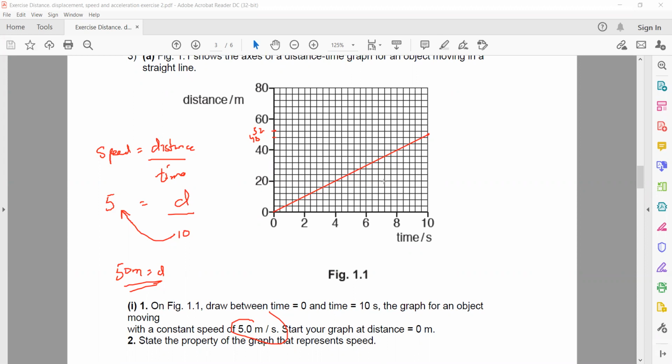Then state the property of a graph that represents speed. So speed from a distance time graph: the gradient or the slope represents the speed. Like the angle, the gradient, the slope is representing the speed of a distance time graph.